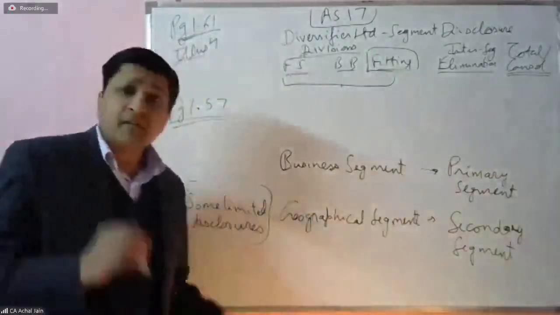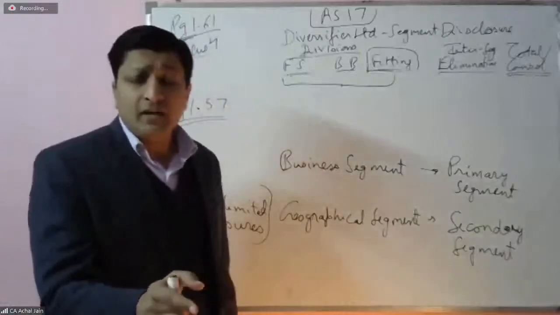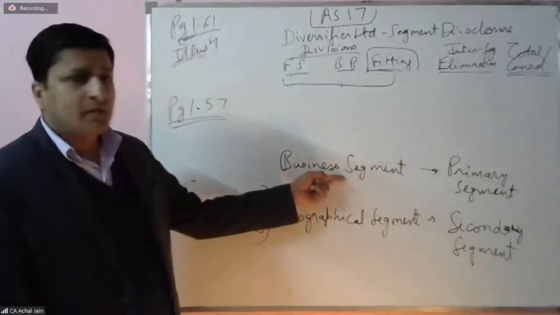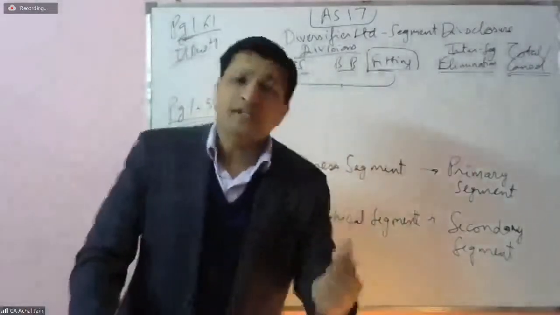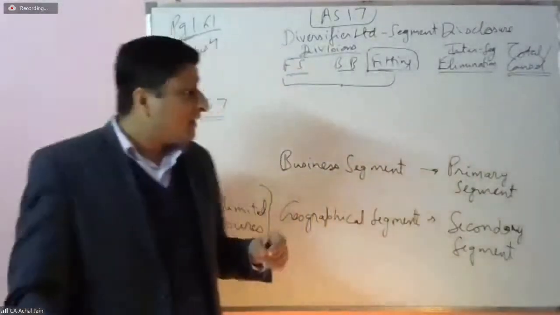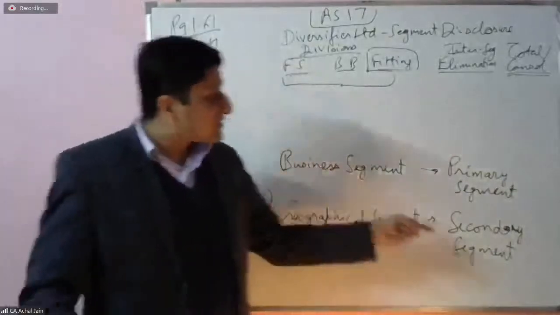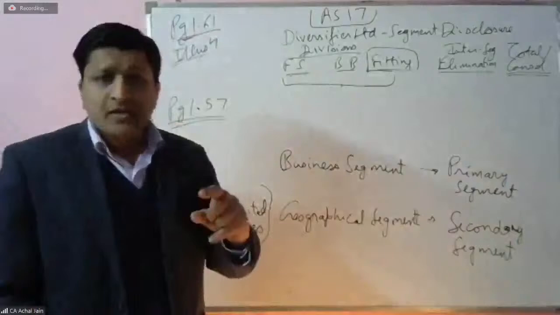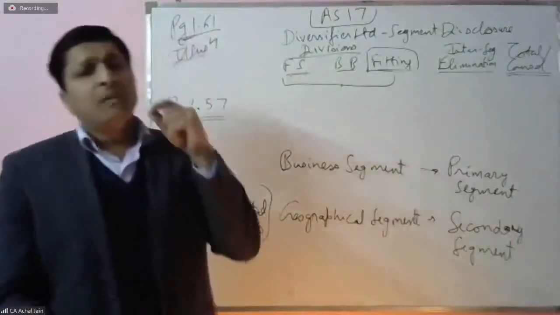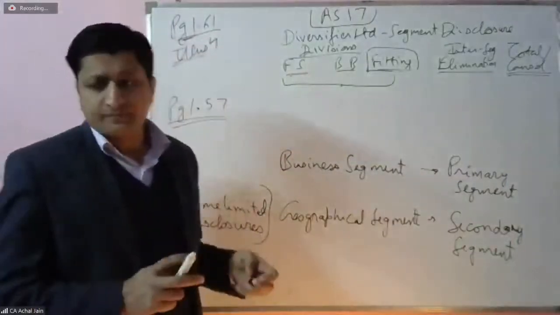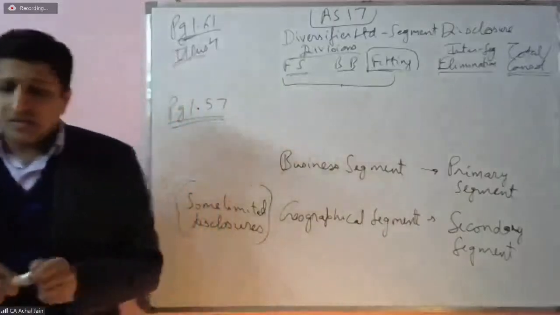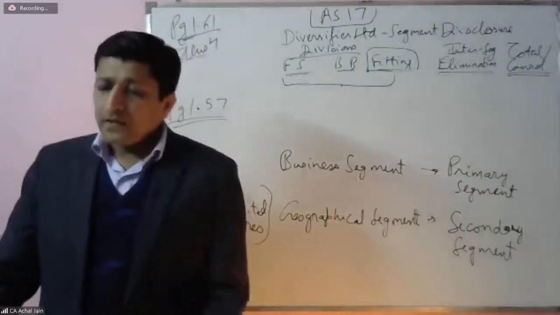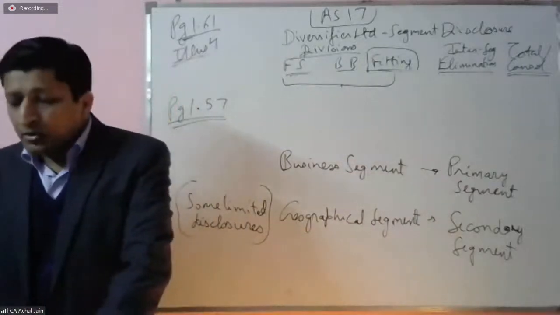Then for geographical segment, all the disclosures will be given, and over and above this, business segment will also require certain disclosures. Why? Because in this case, business segment will become secondary. For the secondary segment, some limited disclosures are required, but disclosures have to be given for sure. Clear on this? Yeah. Clear on this? Okay.